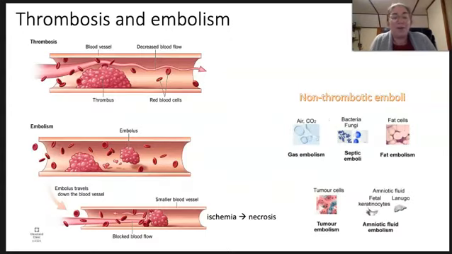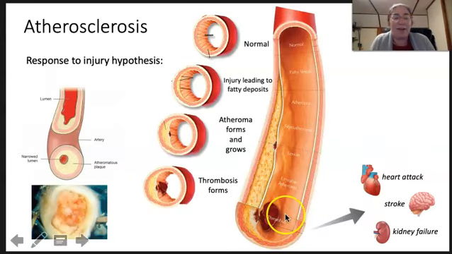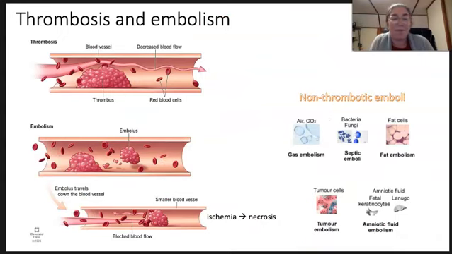So atherosclerosis, we said on this slide here that part of it is that these lesions can form and you can get these blood clots, these thromboses. There are other reasons that thromboses can form, and what they are is just a big blood clot.